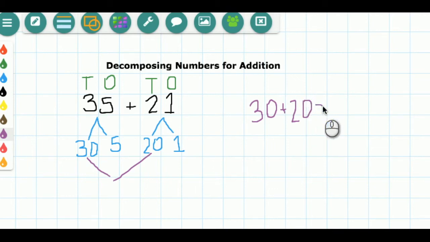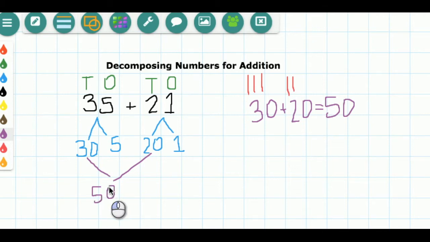When you add those together, you're adding 3 tens and 2 tens. Think about that on your own while I draw it out with place value blocks. 3 tens, 2 tens, add it all together, and that would equal 5 tens, which is 50. We're going to put that 50 over here.